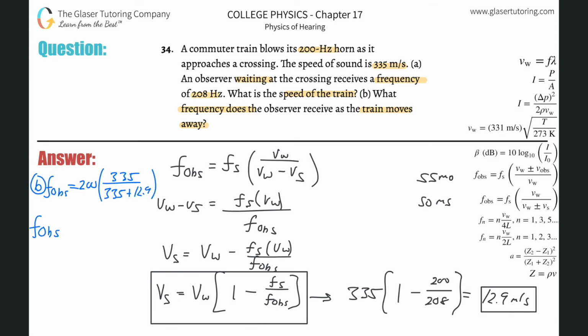So the frequency that the observer experiences will be, here we go, 200 multiplied by 335 divided by parenthesis 335 plus that exact value, close those parentheses. We get a value of about 193, considering rounding, 193 hertz.